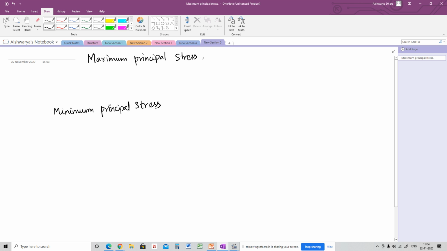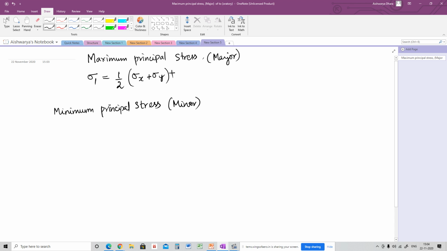The maximum we can also call the major, and the minimum the minor. So major principal stress can be defined as sigma 1 equals half of sigma x plus sigma y, plus the root of sigma x minus sigma y whole by 2, whole square, plus tau square.